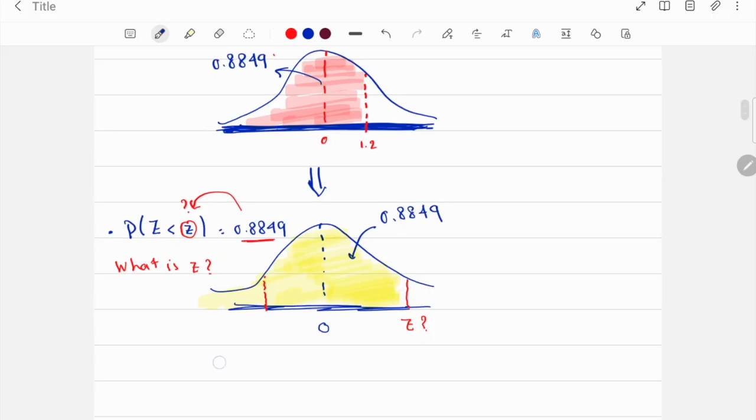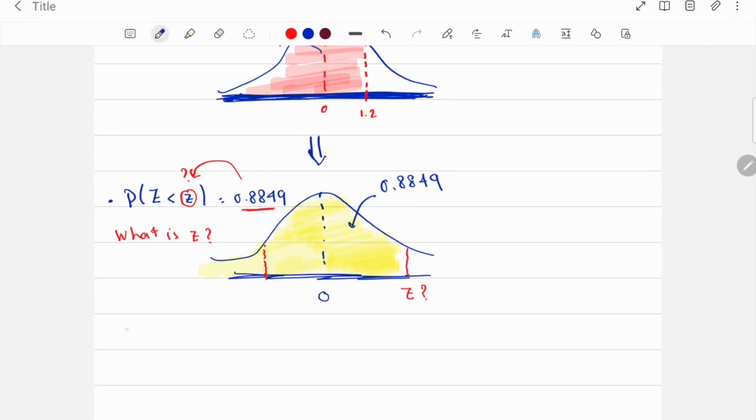What is the z? In this case, we are going to go to Excel and say z equals, we don't write z in Excel, but you write equals NORM.S.INV, the inverse of NORM.S.DIST.